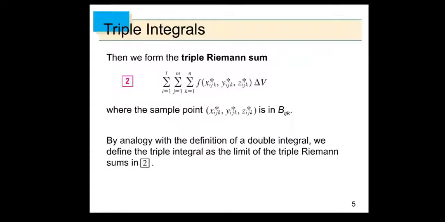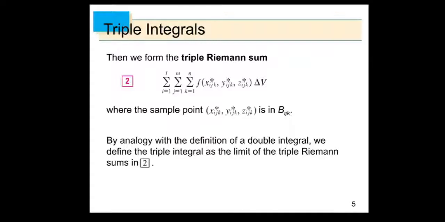So then we will form the triple Riemann sum. You remember before this we talked about the single Riemann sum, then we talked about the double Riemann sum, and there we go, now there's the triple Riemann sum, and in this Riemann sum we can find lmn, right? We can find the summation over l, summation over m, and summation over n.